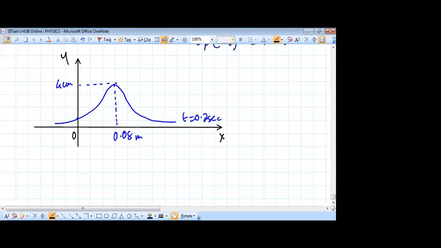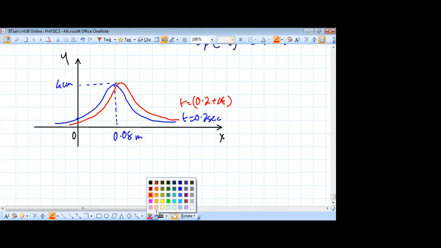Now, as we shift time by some small amount delta t, what will happen is this will shift by a small amount in this direction. This is how this peak will look at t equal to 0.2 plus some delta t, where delta t is a small amount of time.